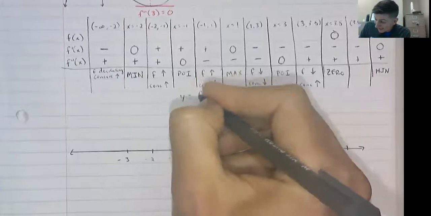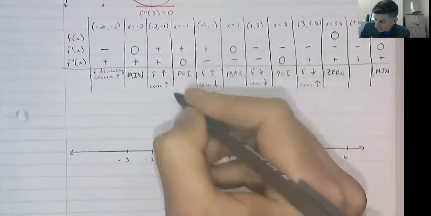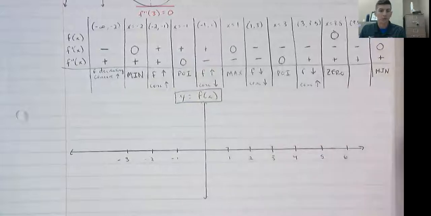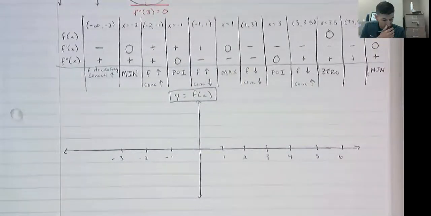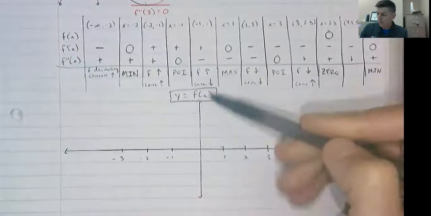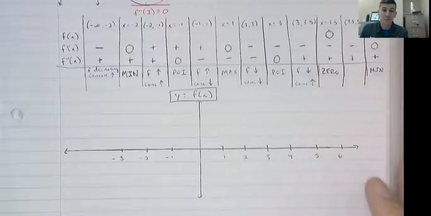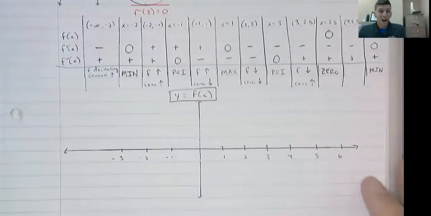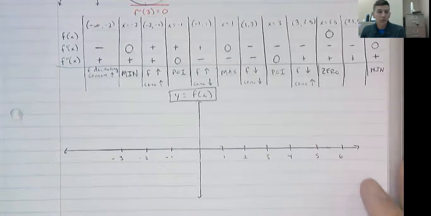So this is going to be y equals f of x. This is where we're going to translate this into a curve for our function. You will notice that I have not labeled the y-axis because we truly don't know much at all about the y values of our function other than the zeros.